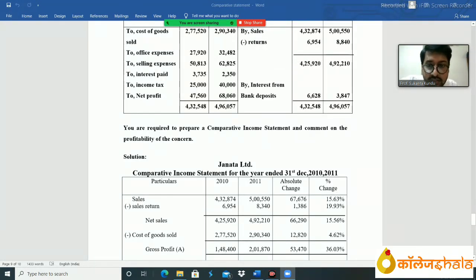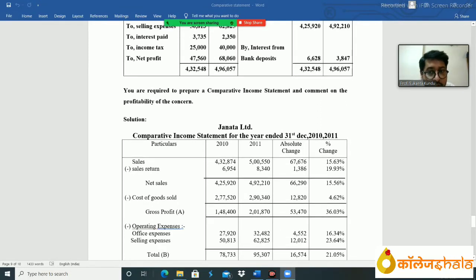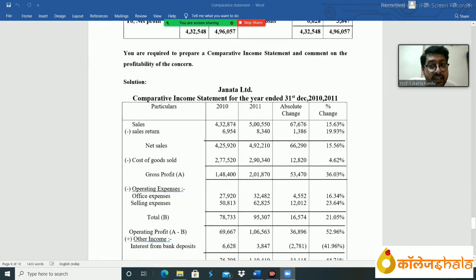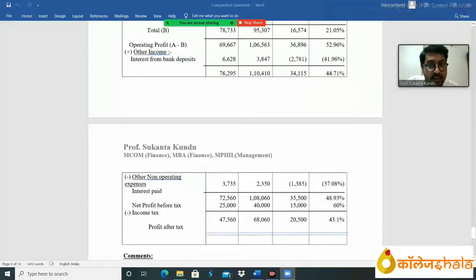So copy these figures: sales minus sales return, that is net sales, then less cost of goods sold, that is gross profit, then less operating expenses. After deducting operating expenses, we will get operating profit. Then add other income, that is non-operating income, less other non-operating expenses. You will get net profit before tax.